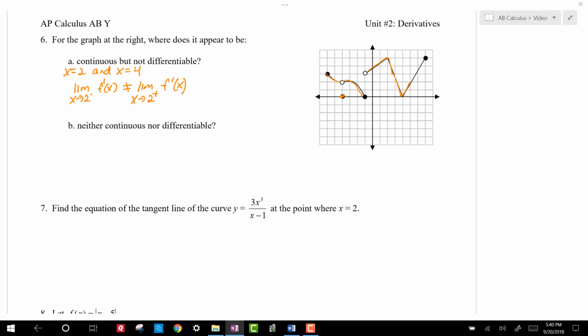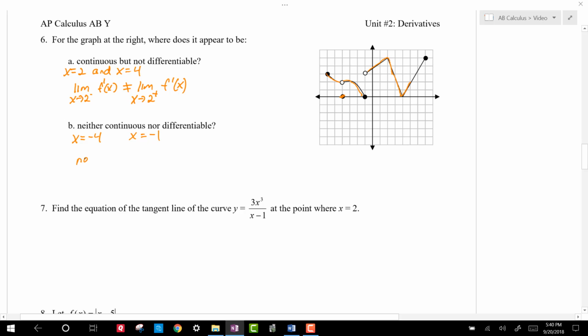Letter B says, where does it appear to be neither continuous nor differentiable? So now we're looking for holes or jump discontinuities, and so the first hole that I see is at x equals -4. I also see another one at x equals -1. So these two, again, we go back to what we just saw on the previous page.